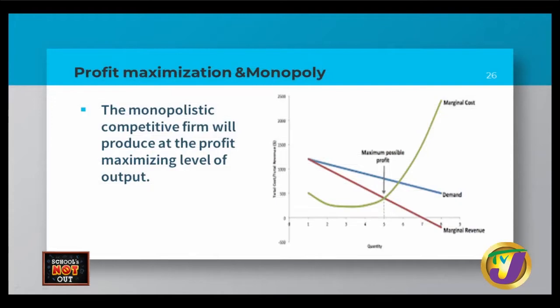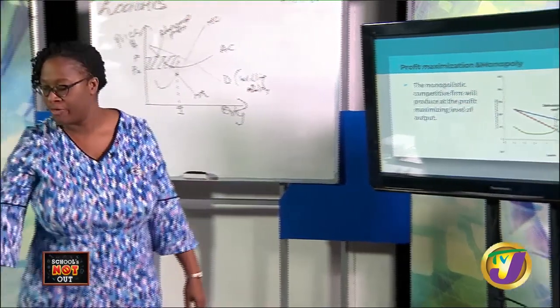All right. Now, the diagram for monopoly and monopolistic competition are the same. So again, here, if you look, the profit maximization rule applies again to the monopoly. Profit maximization will occur where the firm is producing where marginal cost is equal to marginal revenue.